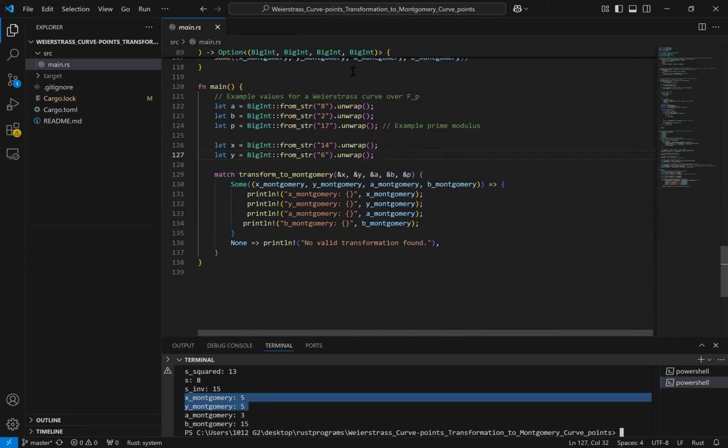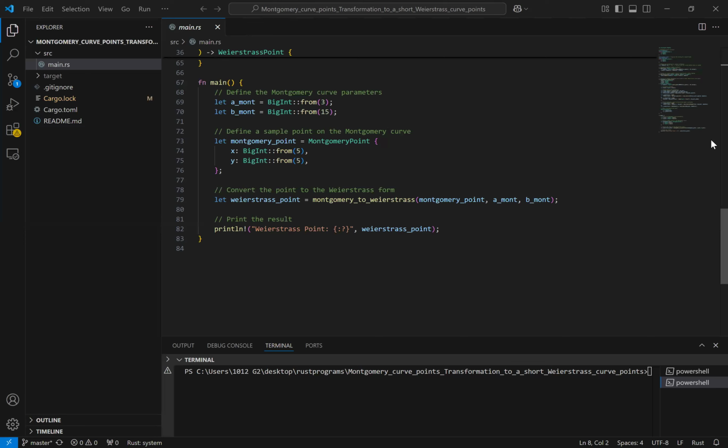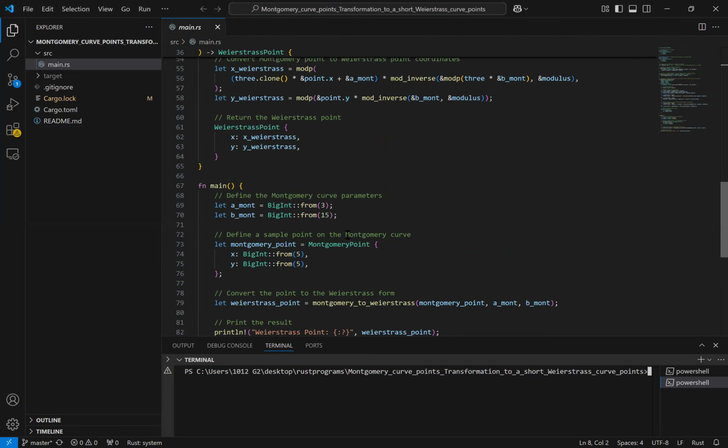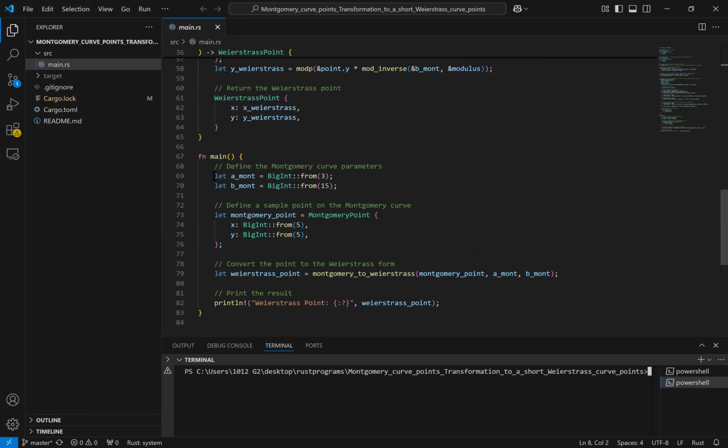Now, this one converts from short Weierstrass to Montgomery. And I also have one that converts from Montgomery to short Weierstrass. And here it is. This one we've not explained because of time, but you can see you've given it the Montgomery A and B values as 3 and 15.